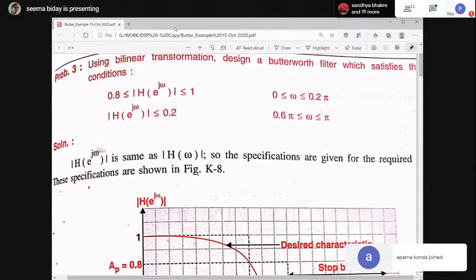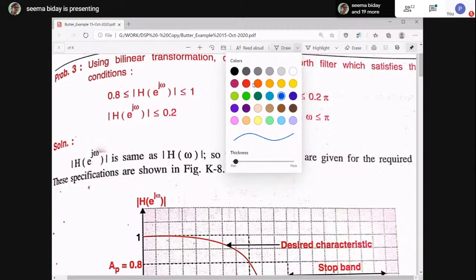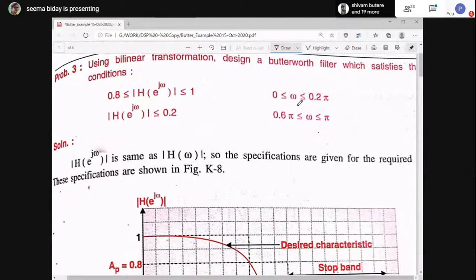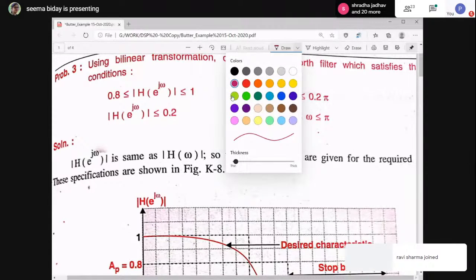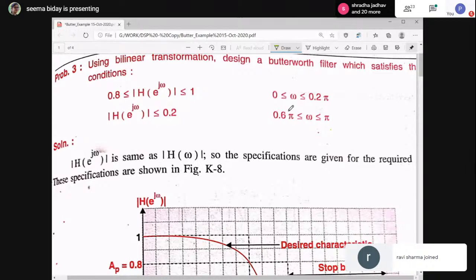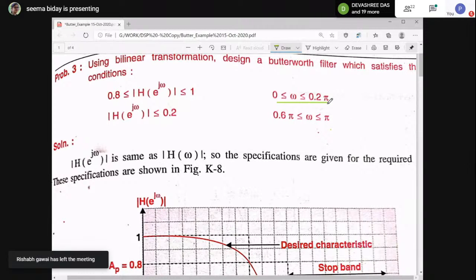So now see here, it is clearly small w that is given. So if we are using this w, what does it mean? This is a digital frequency.